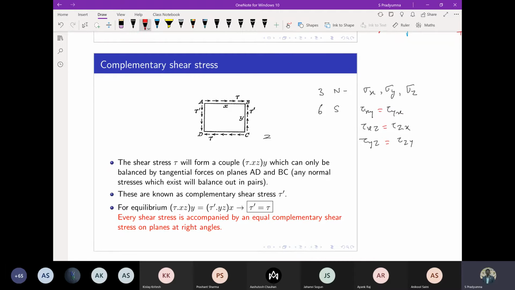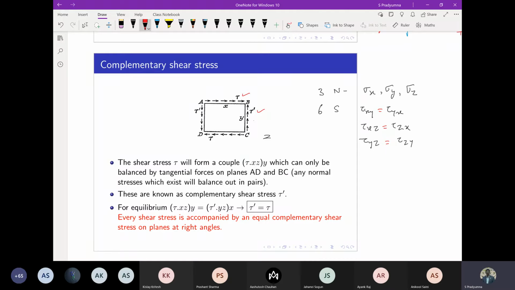So here, let us assume that there are 2 types of stress acting. One is this tau, another is this tau dash. So that means it is similar to tau xy and tau yx, right? So if I consider this as the xy plane, it should be tau xy and yx, right? So in this case, which component is tau dash?